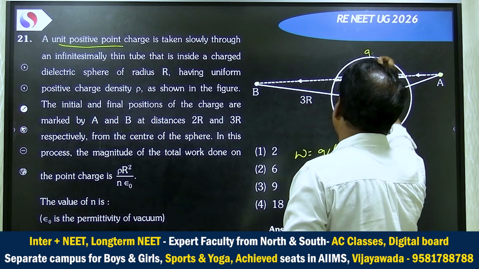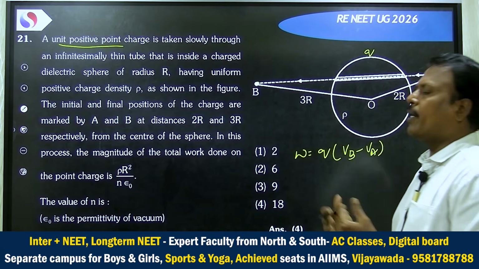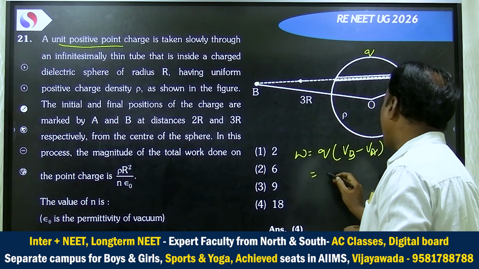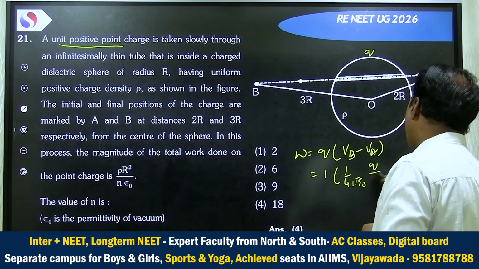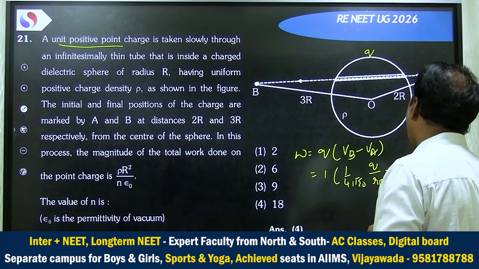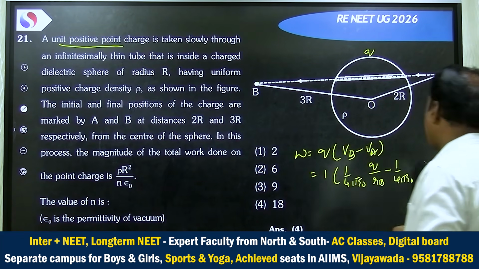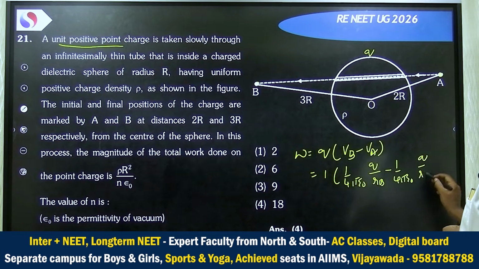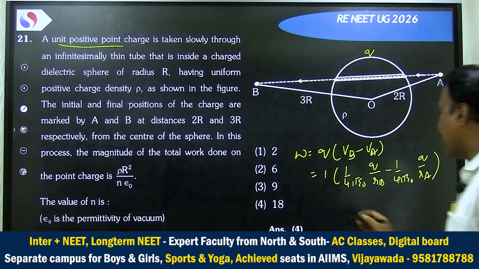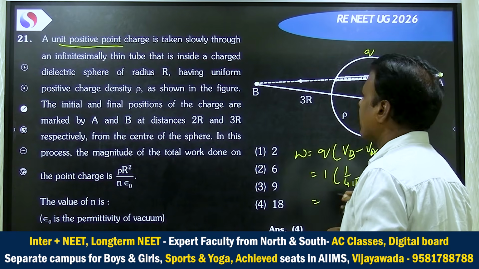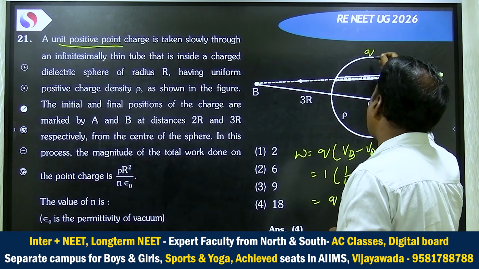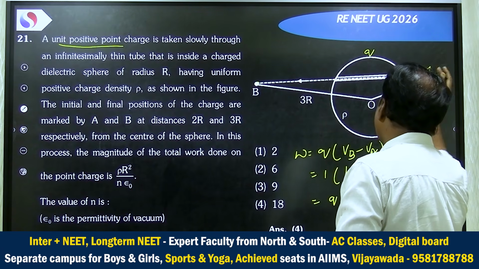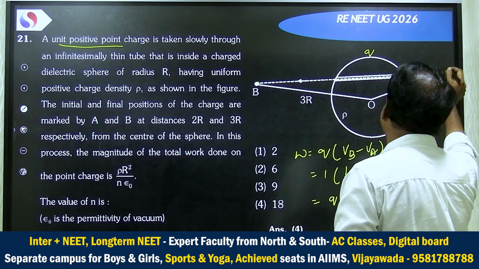And for an outside point, whether it is a good conductor or bad conductor, leave it. For an outside point, we have the potential as 1 by 4 pi epsilon naught Q by R only. So it is 1 by 4 pi epsilon naught Q by RB, minus 1 by 4 pi epsilon naught Q by RA. Okay, take Q common. Here Q is the charge of this particular sphere and 1 unit is the charge which was moved.